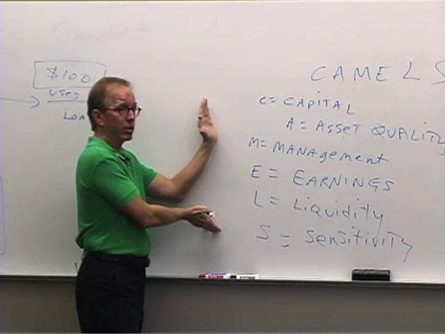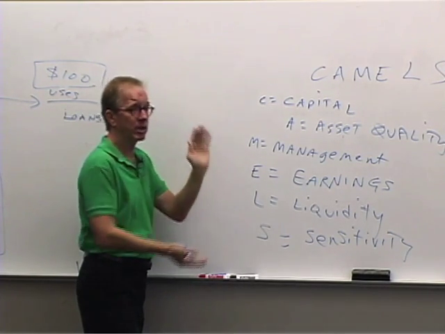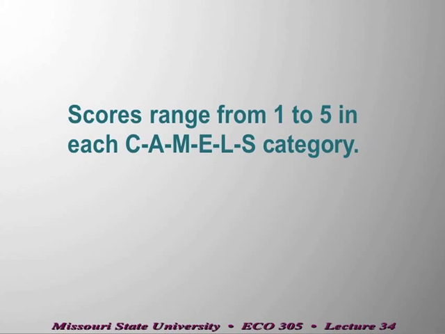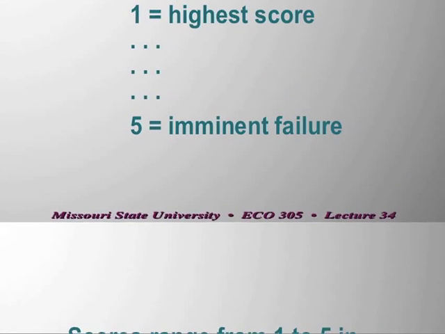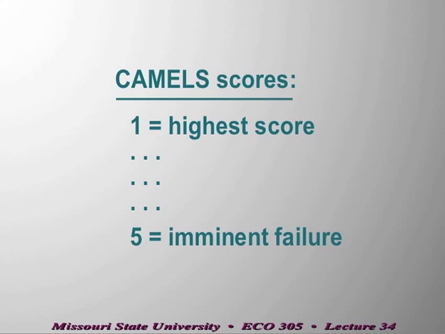So anyway, the bank regulators are looking at all of these things, and when they get done, they've got a score, and the score ranges from 1 to 5. The 1 is the best, that's the highest. And a 5 means imminent failure, like, could be tomorrow.